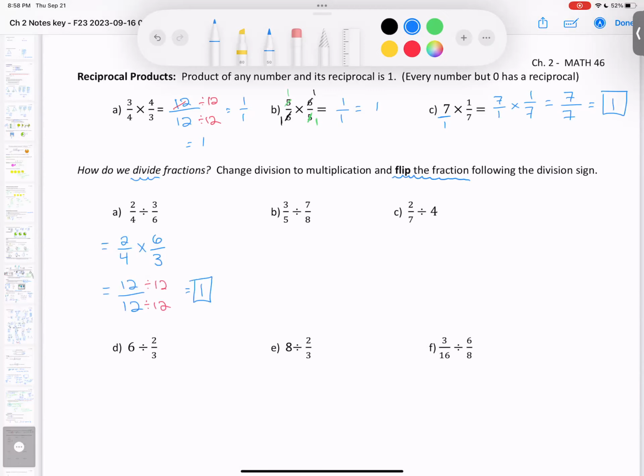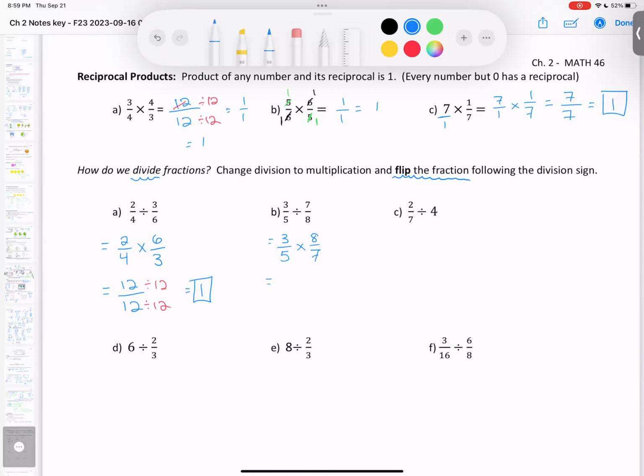Okay, let's try another. So we're going to first rewrite this as 3 over 5 multiplied by the reciprocal of 7 over 8, which is 8 over 7. And let's try the cross simplification method. Actually here, there's no common factors we can pull out, so we can't do any cross simplification here.